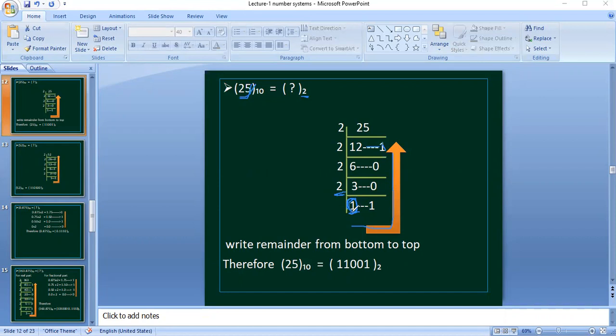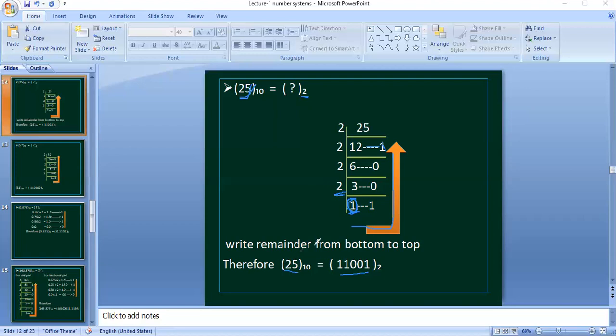So here we have 1 1 0 0 1, written from bottom to top. The given decimal number is 25, and the obtained binary number contains only the digits zeros and ones.